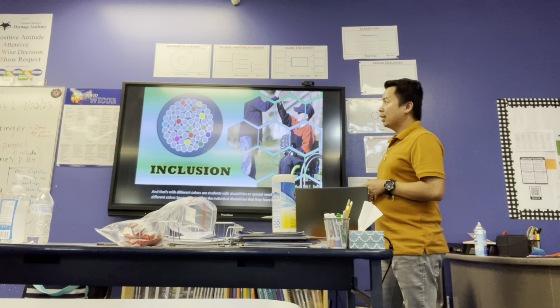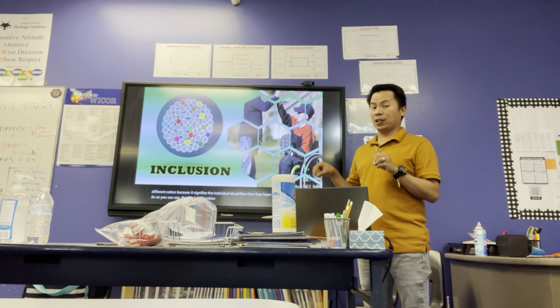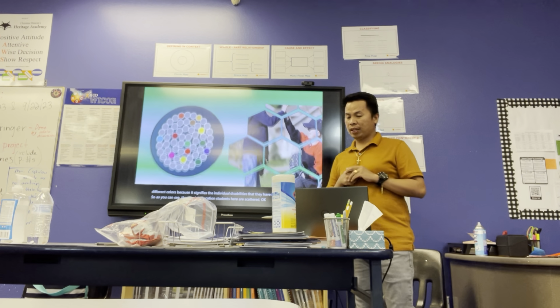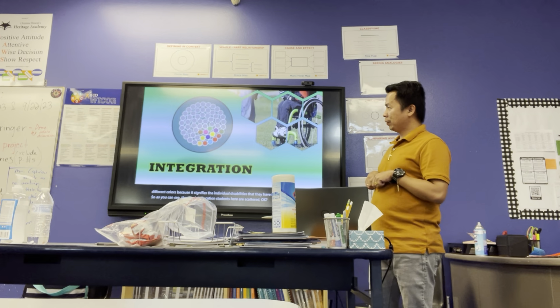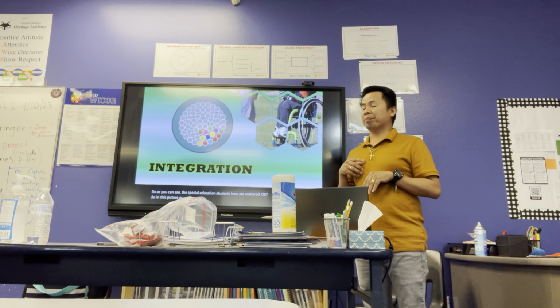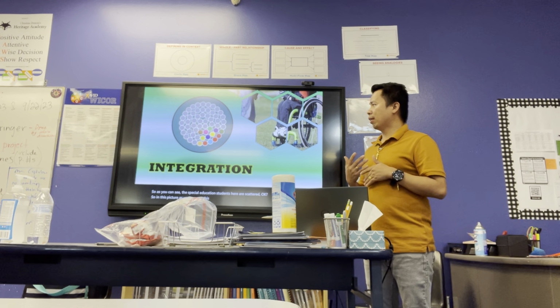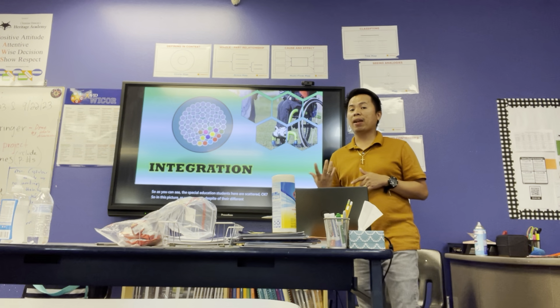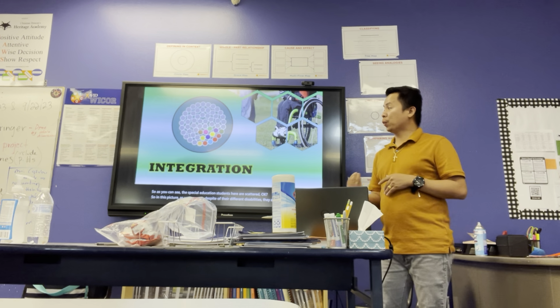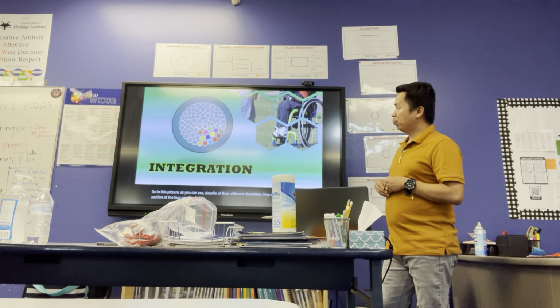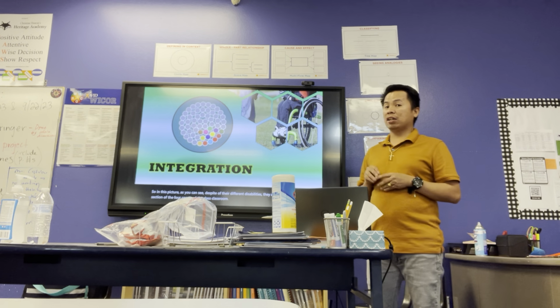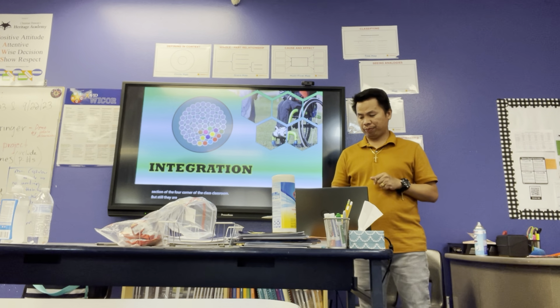As you can see, the special education students here are covered. In this picture, despite their different disabilities, they are placed in one section of the four corner of the classroom, but still they are part of the regular classroom.